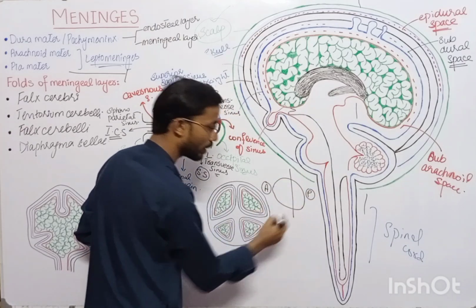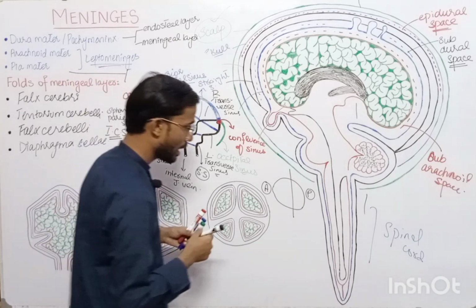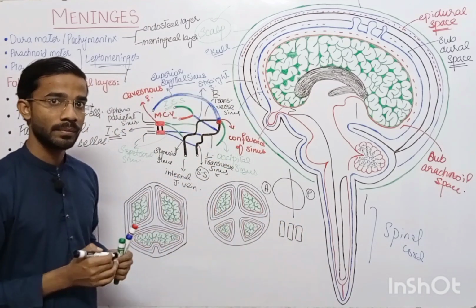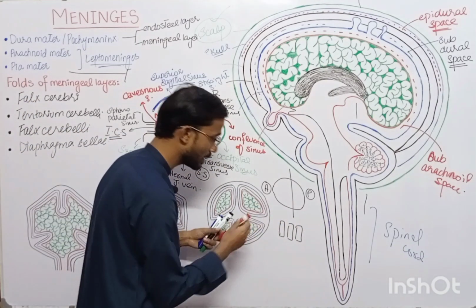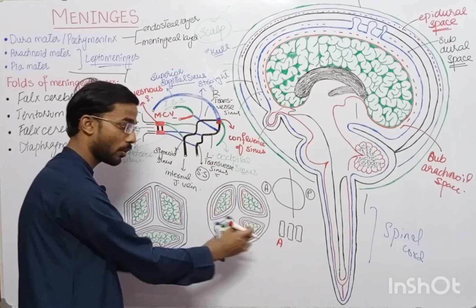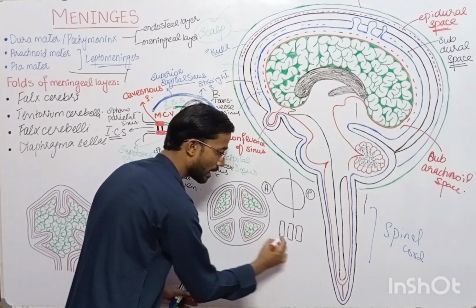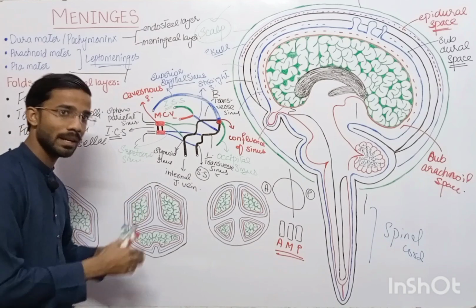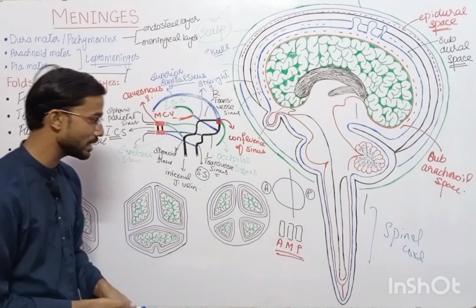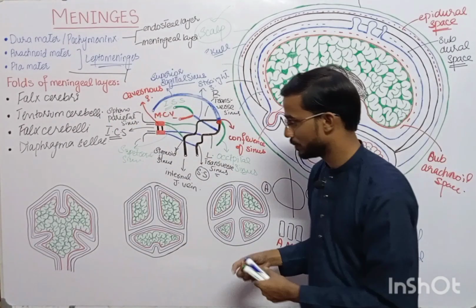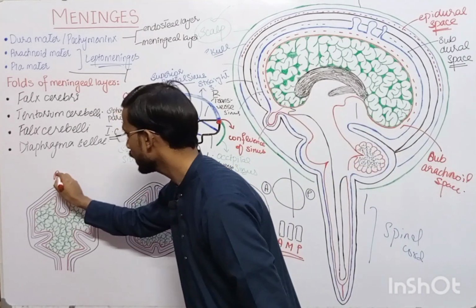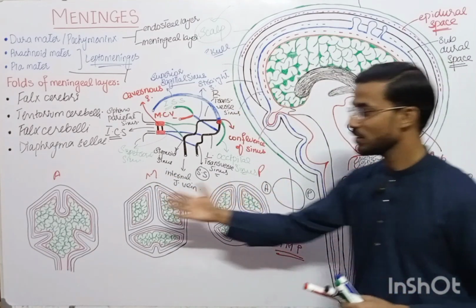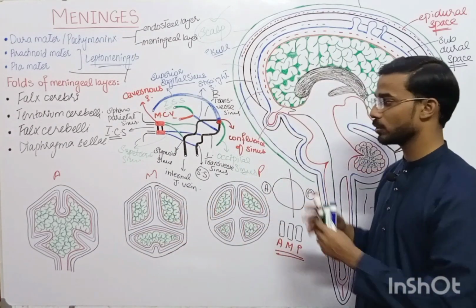If we cut it coronally we get three pieces of the brain in coronal section: anterior, middle and posterior. Anterior will look like this, middle will look like this, and this is the posterior.